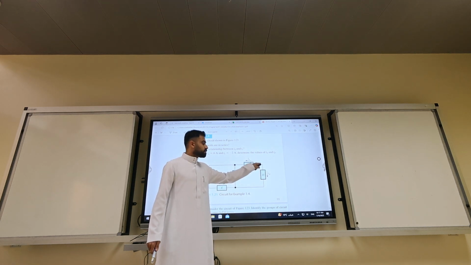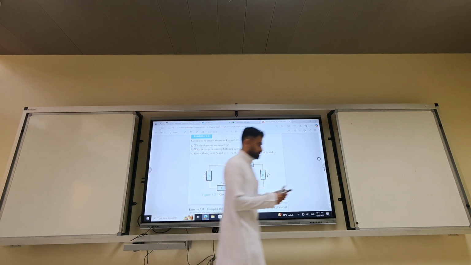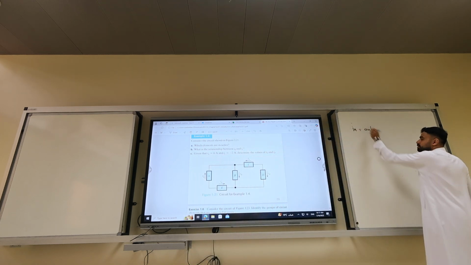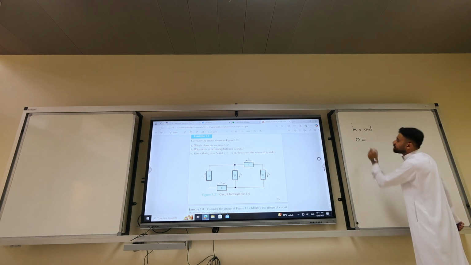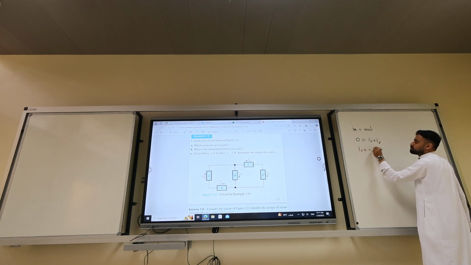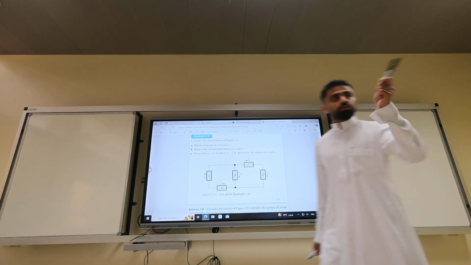So what is in? In is 0. Equal to IC plus ID. So the relationship is, again, in equal out. I want you to write in equal out. What is in? 0. What is out? IC plus ID. So the relationship: IC equal to minus ID. In equal out, okay?